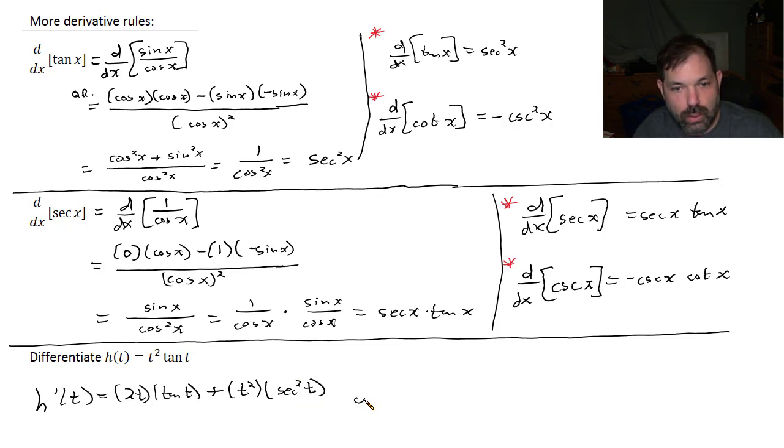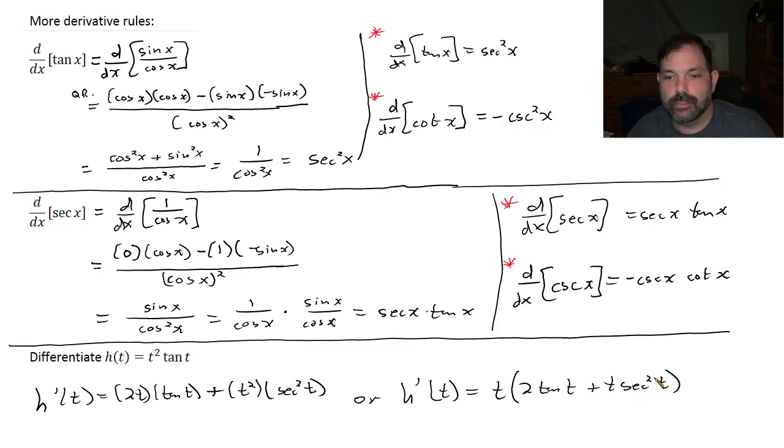And again, we could maybe factor this if we wanted to. We could factor out a t. So h prime of t we could write as t times 2 tangent t plus t secant squared t if we wanted.